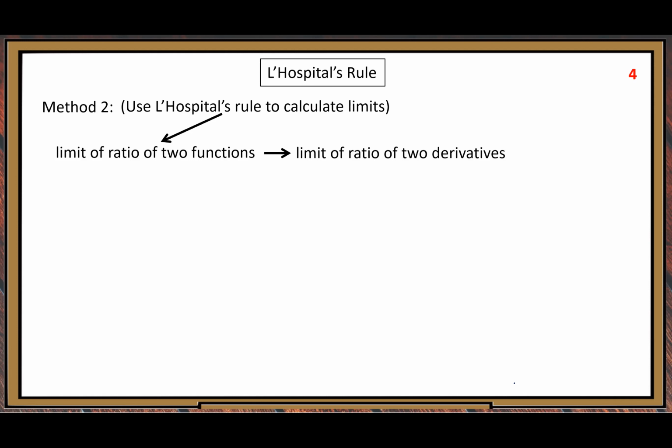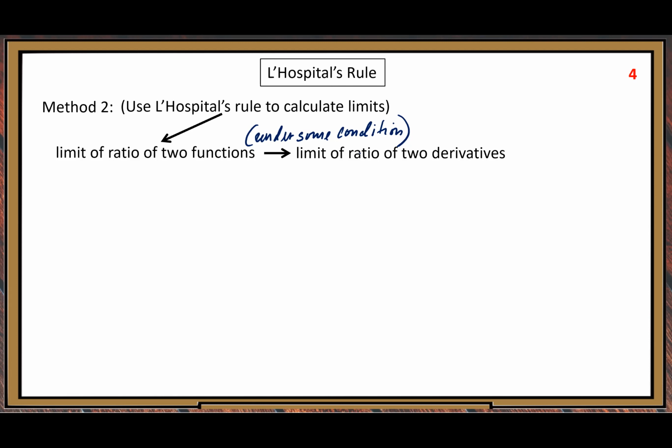When we calculate the limit of a ratio of two functions, L'Hopital's rule tells us that under some conditions, we can calculate something different. I skip the condition here, but the condition is very important. You need to check the condition first. Then we can compute the limit of the ratio of two derivatives.